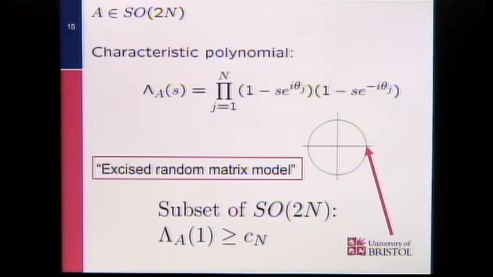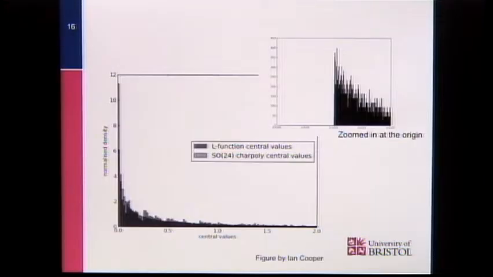And this we called the excised random matrix model because you're excising the matrices with too small a characteristic polynomial at 1. Right, so this is the model, and the obvious question is, what value do you take for this cutoff C? What value do you choose to tell you how many of your matrices to retain?